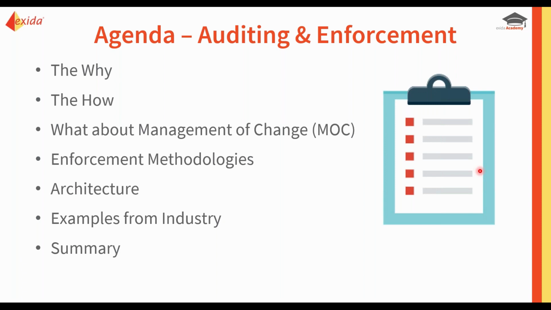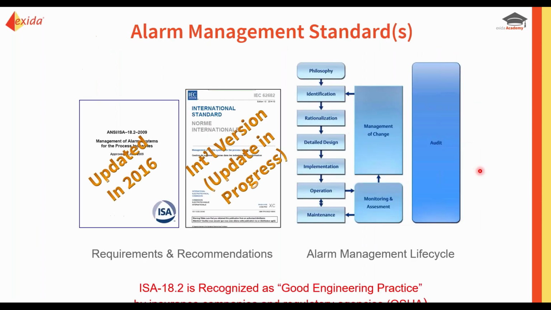And then we'll talk about enforcement, what that does, the different types, different methodologies for enforcement, and how they typically show up in a system architecture. And then we'll look at some examples from industry, some different tools for auditing and enforcement, each of which has different capabilities, different functionality, and different approaches to delivering that capability.